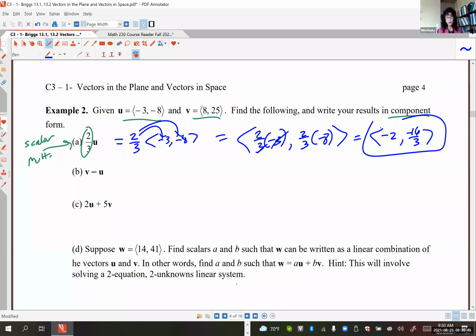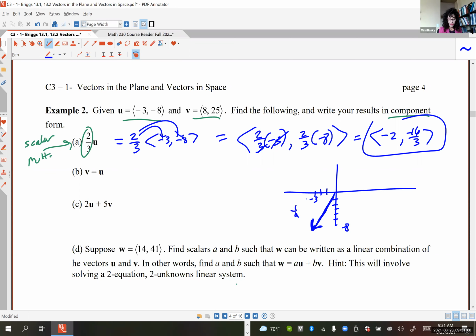Okay, that's scalar multiplication. Now visually what happened, if you were to graph the u vector, you would simply find -3 on the x-axis and -8 on the y-axis, and then find the point (-3, -8), and then draw this vector in standard position. There's u.